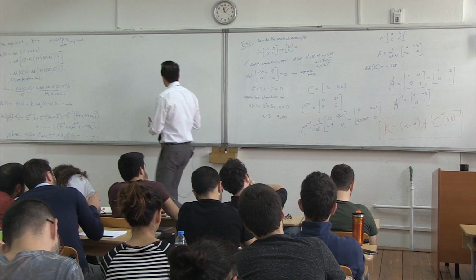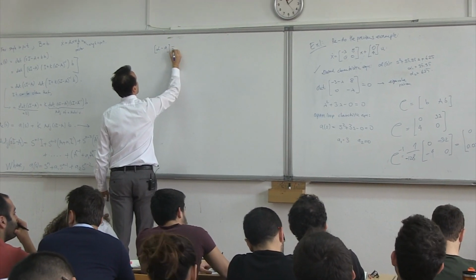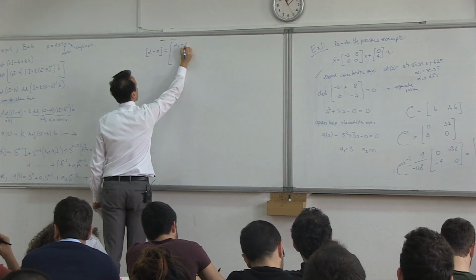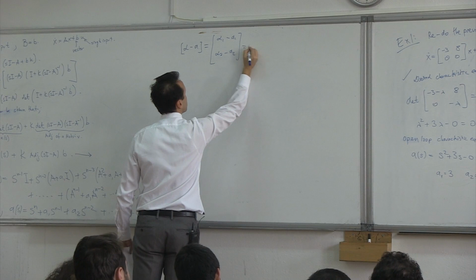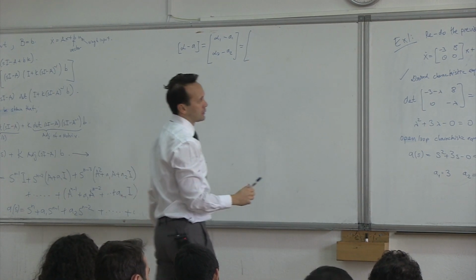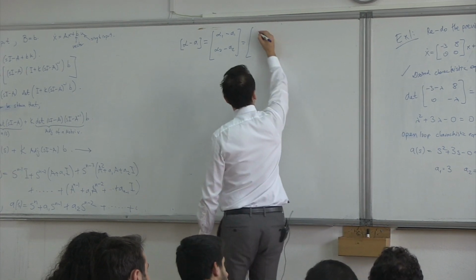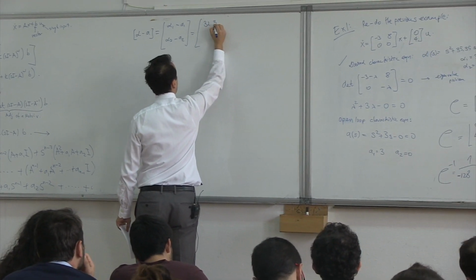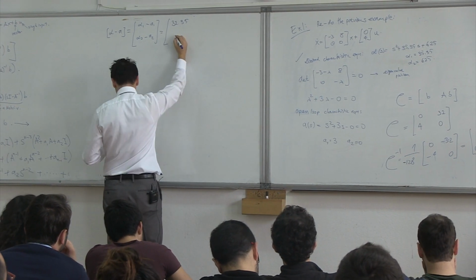So alpha minus a is equal to alpha 1 minus a1, alpha 2 minus a2. So it's here. Alpha 1 minus a1 is 32.35. And that minus that is 625.